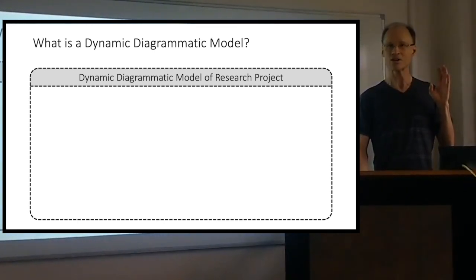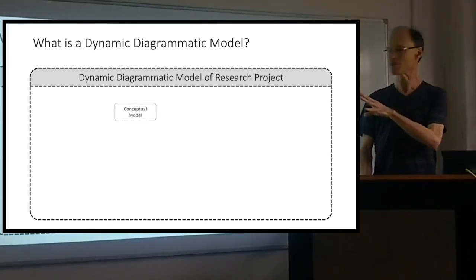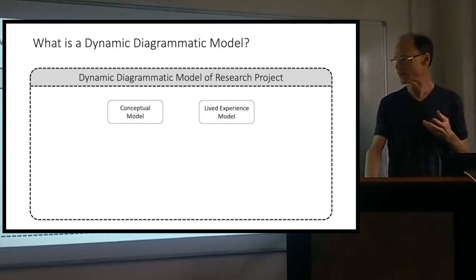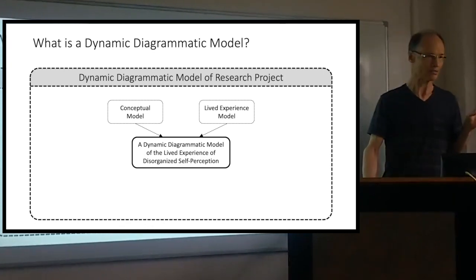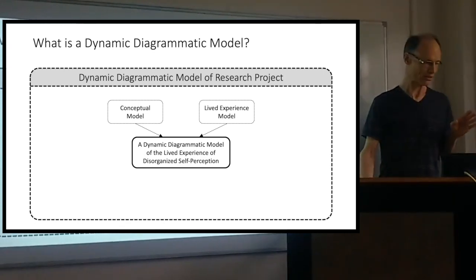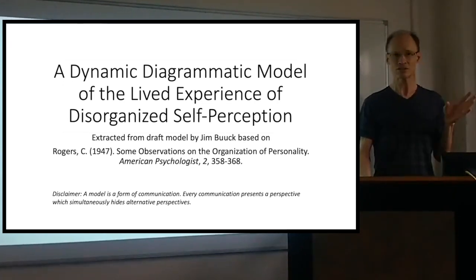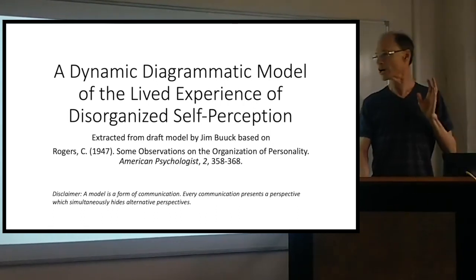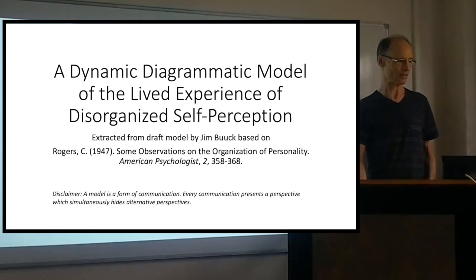But first I want to start with a kind of blending of a conceptual model with a lived experience model to create a dynamic diagrammatic model of the lived experience of disorganized self-perception. And this is extracted from a model I'm working on that's derived from Carl Rogers' 1947 article on the organization of personality.